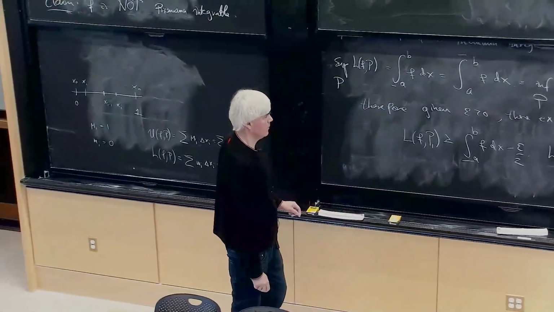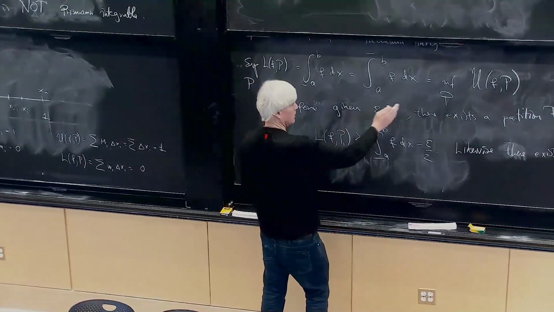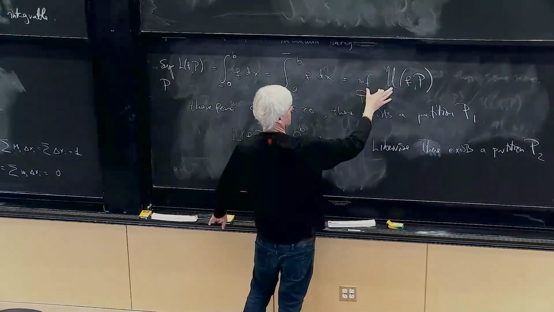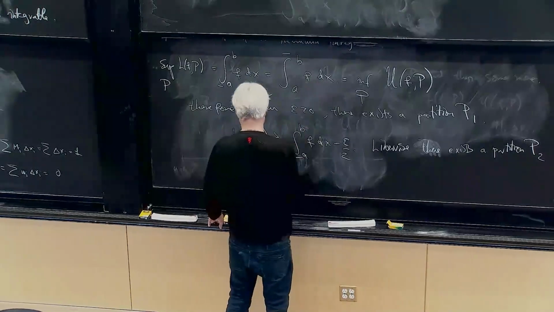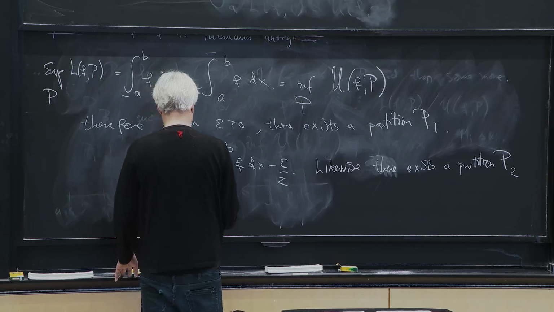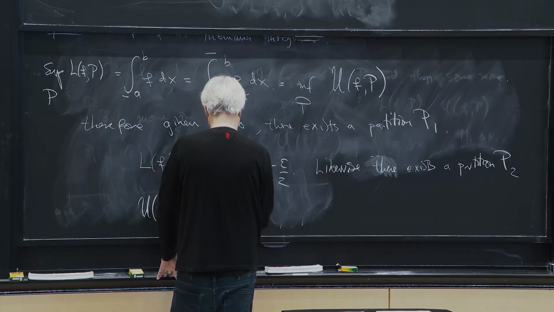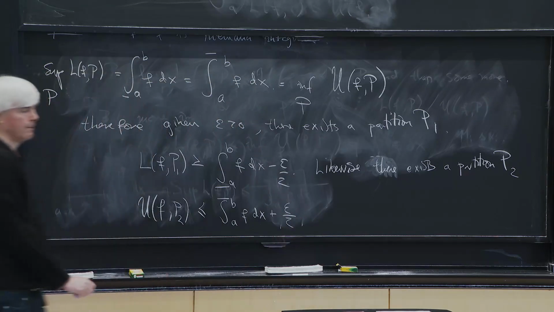This is the sup over, so there exists a partition P2, so that for that, this is one where this value here is really small, so this is not too much larger than this, so this means that this for P2 is smaller or equal to this upper Riemann integral plus epsilon over 2. Fine.